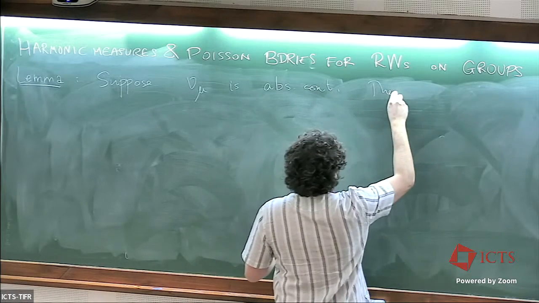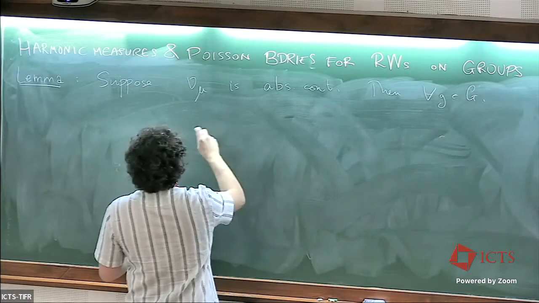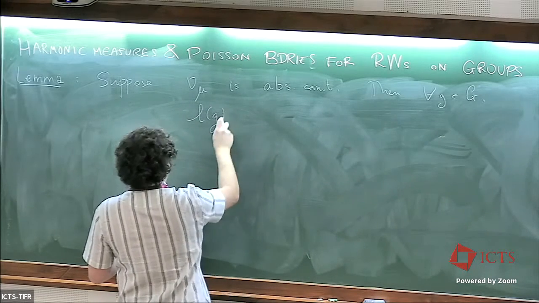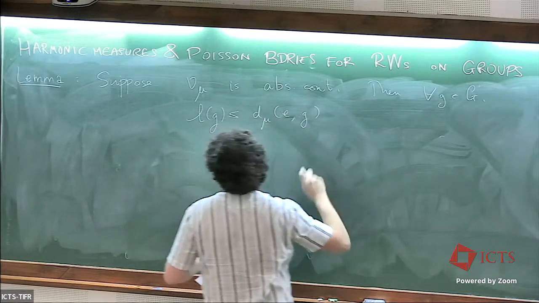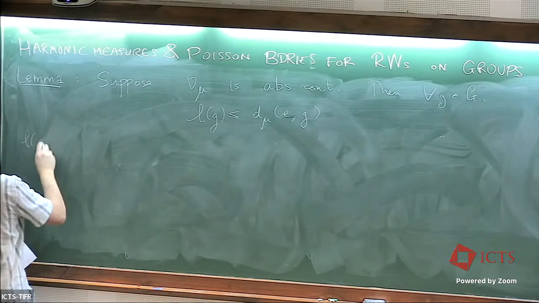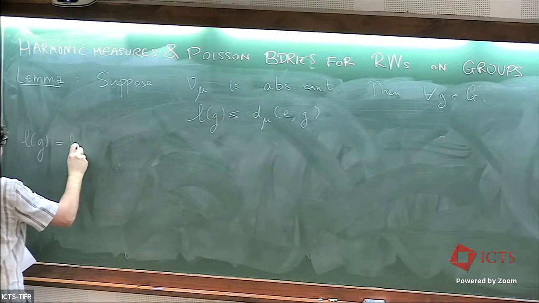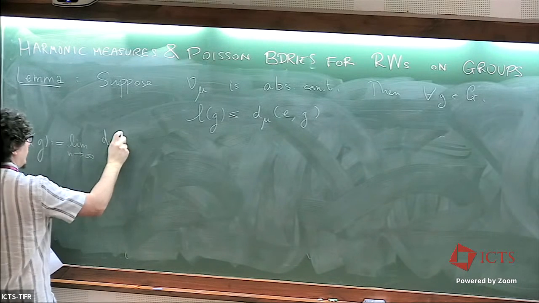Then, for every g in G, I claim that we have this inequality: L of G is less than or equal to the Green metric. And what is L of G? L of G is the translation length of this element in the hyperbolic metric.